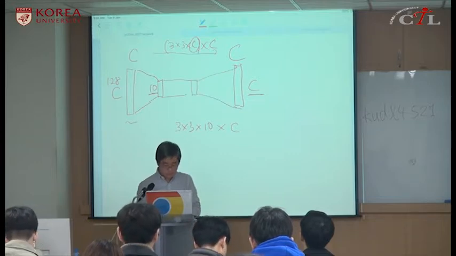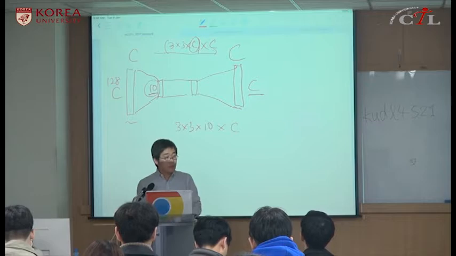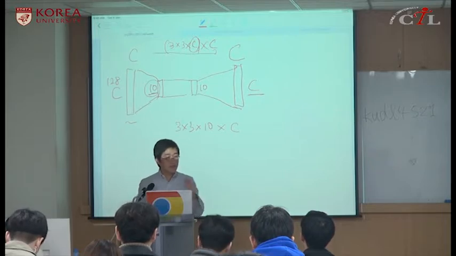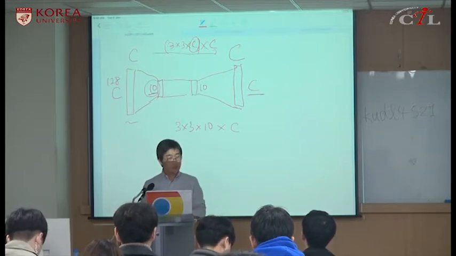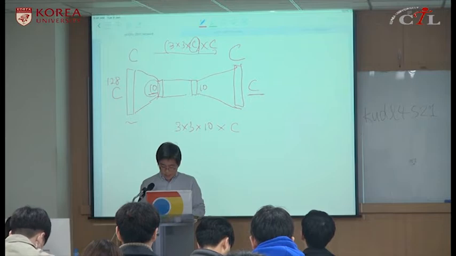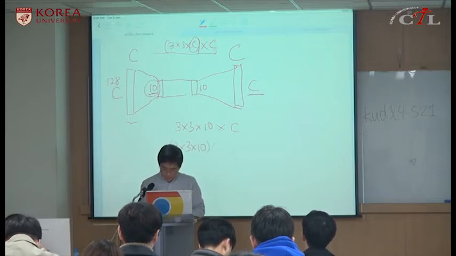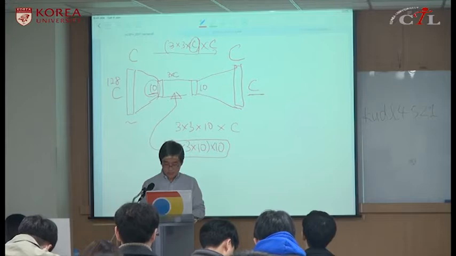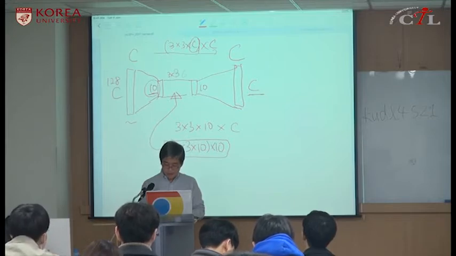Given the input activation map with the depth of 10, we generate an output activation map that has the same depth as the input activation map. So in this case, 3x3 by 10 and 10 will be the number of parameters for this 3x3 conv layer, right?